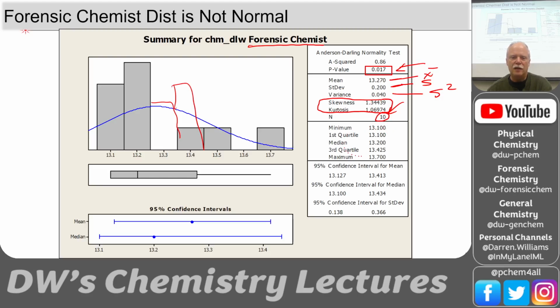Then we have the quartiles, and these quartiles are shown here. This is the median, okay, and this is the lowest. Let's see, the first quartile, 13.1. So I'll say 25%. This is 50%.